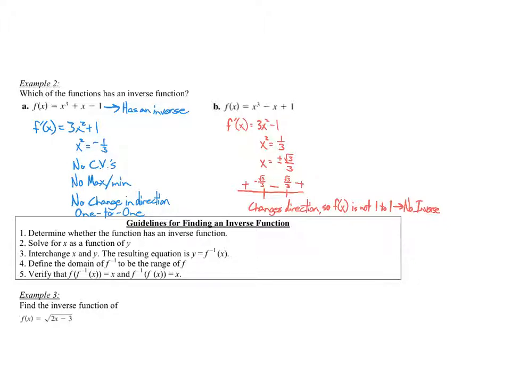That's why when we did inverse sine, the domain for inverse sine was negative pi over 2 to pi over 2. And for cosine, the domain was 0 to pi. And for tangent, the domain is negative pi over 2 to pi over 2.